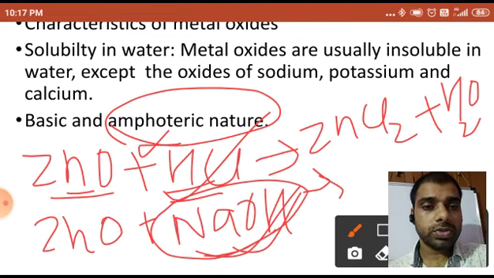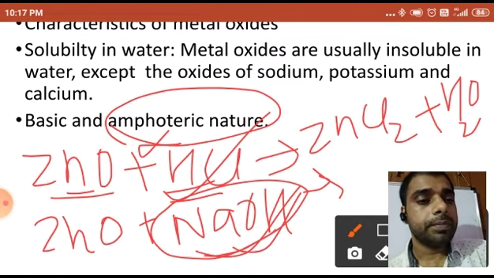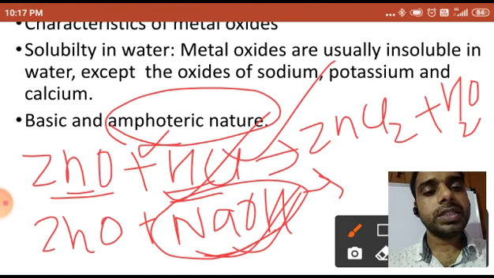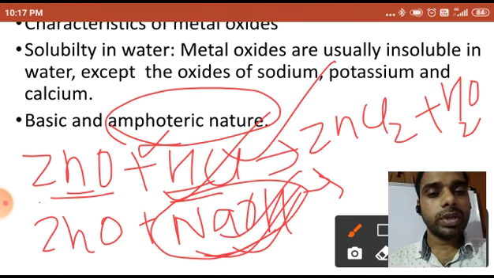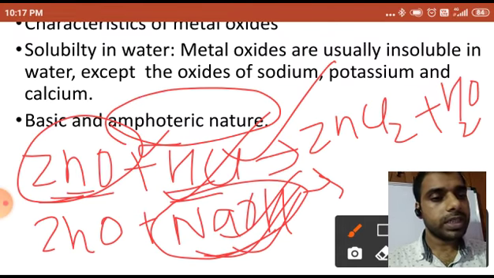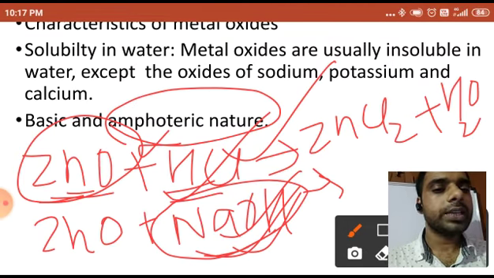So amphoteric means some substances which can react with acid as well as base. Note down, ZnO is amphoteric, showing amphoteric nature, and one more compound is Al2O3. Al2O3 can also react with HCl, and can also react with NaOH.